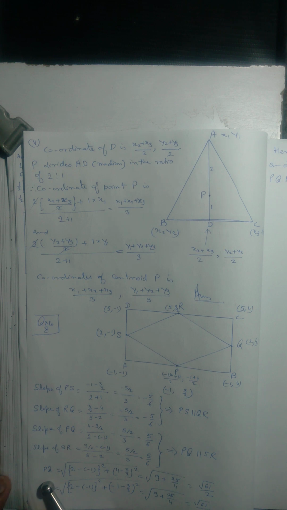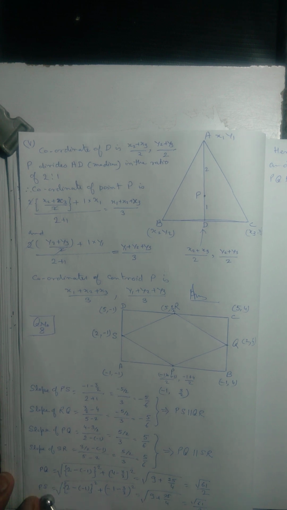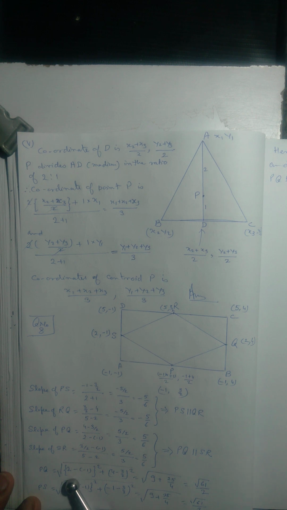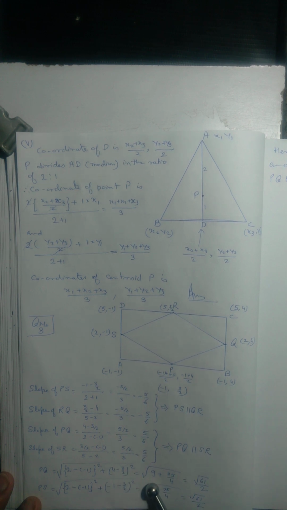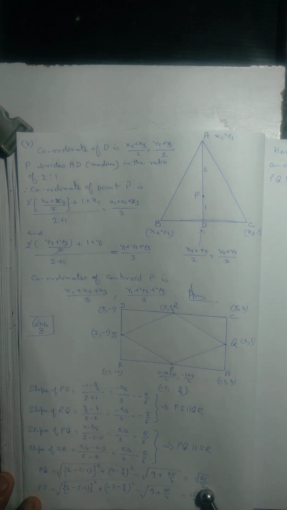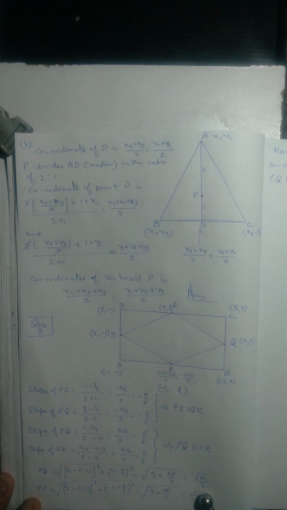Now the length of the adjacent side PQ. You see PQ will be equal to the root of (2 minus minus 1) whole square plus (4 minus 3 by 2) whole square. That will be equal to, in bracket, 9 plus 25 by 4. Again it will be equal to root 61 by 2.